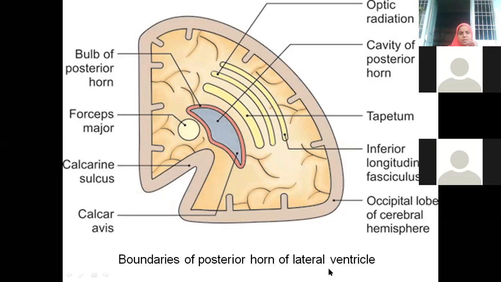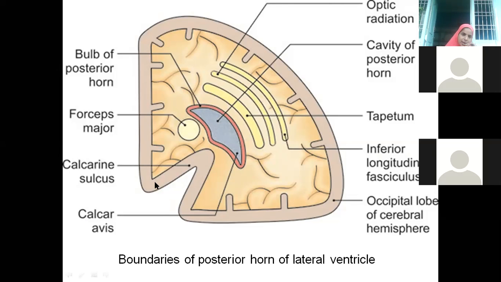The posterior horn of the lateral ventricle is this. You remember on the medial side we had one deep sulcus. I told you the calcarine sulcus is also visible on the superolateral aspect, but it is not so deeply placed. Whereas from the medial surface, the calcarine sulcus is very deeply indented.